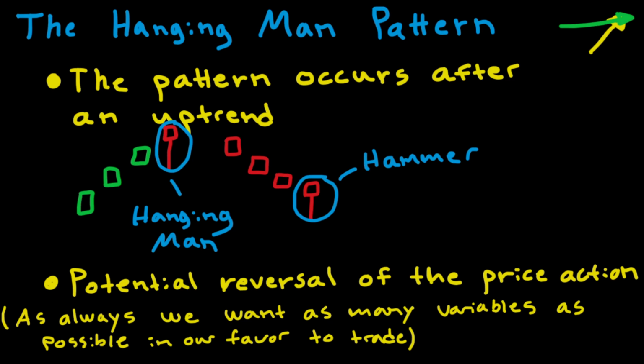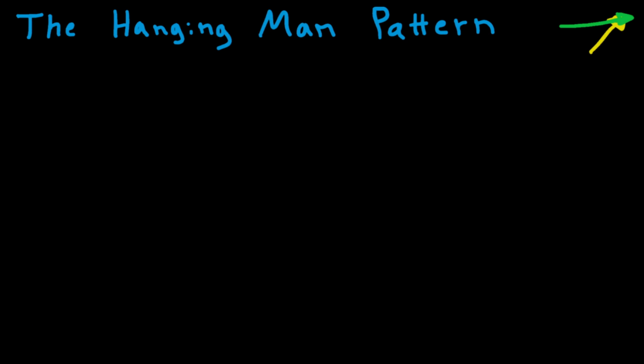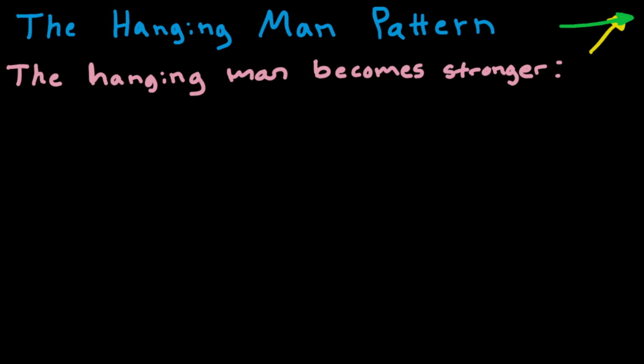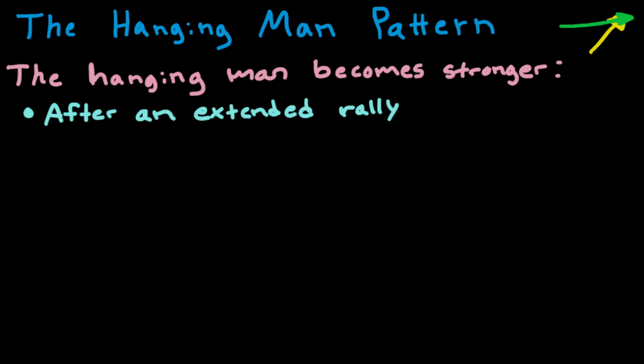So now I think it's time to take a look at what makes a hanging man strong and what makes it weaker. So we can write here, the hanging man becomes stronger, first of all, after an extended rally. So the more powerful and the more clear the rally we have before the hanging man occurs, the stronger the hanging man becomes.